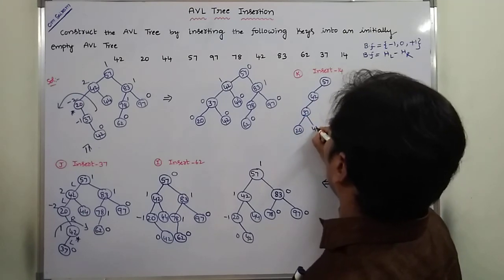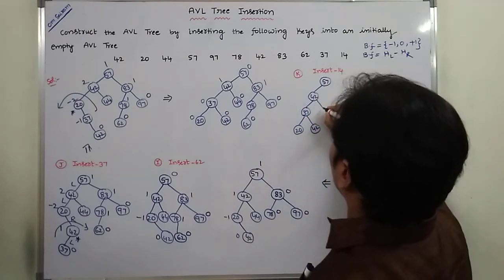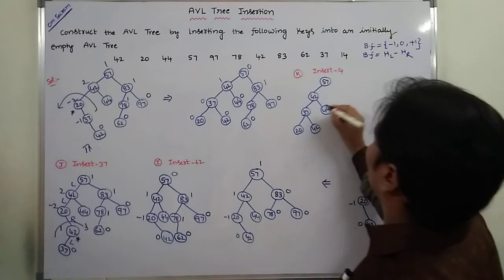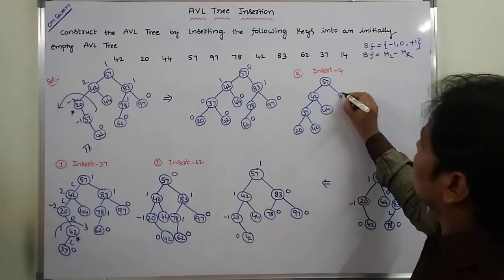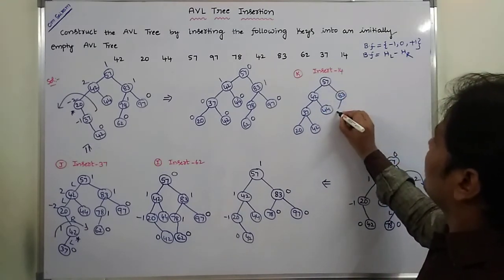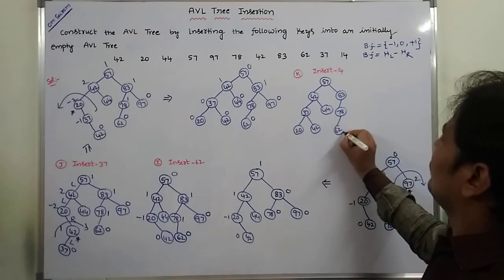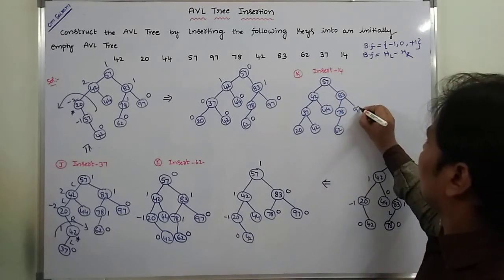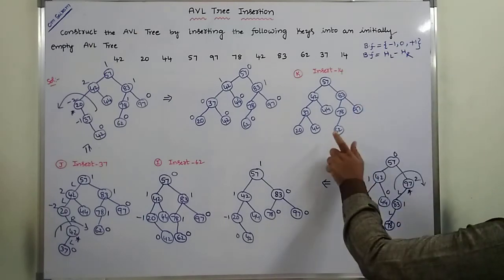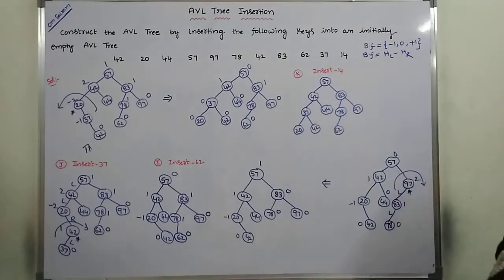So here 42. So this is 44 and this is 83 and this is 78 and this is 62 and this is 97. This is the AVL tree we are getting before inserting 14.